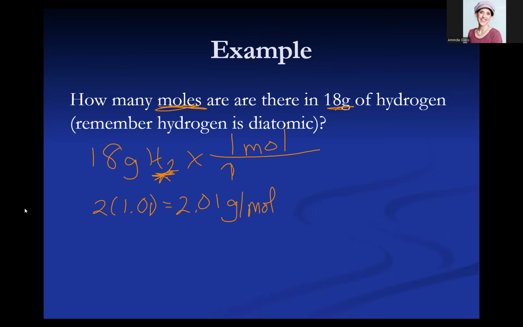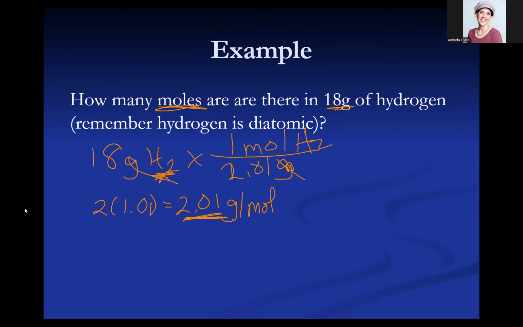And that would be 2.01 grams per mole. But I don't have to do the mole part because that's where that's coming in. Because we know with the molar mass that there are 2.01 grams for every 1 mole. So that's why we write it that way, with the 1 mole over the grams. So this way we can cancel out the grams.